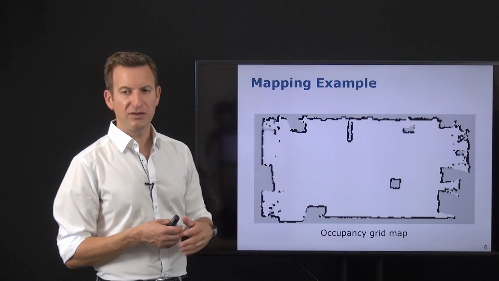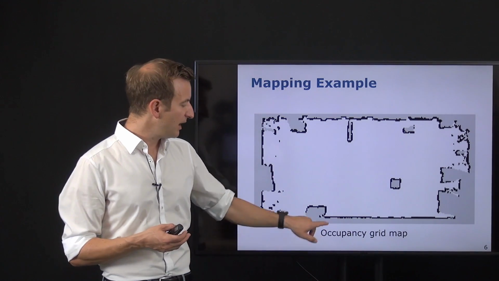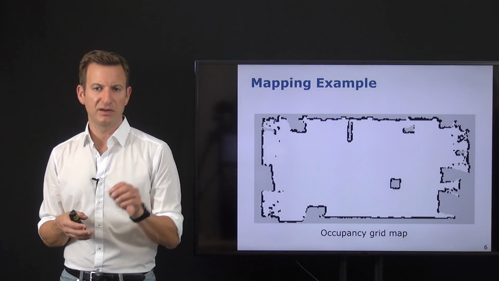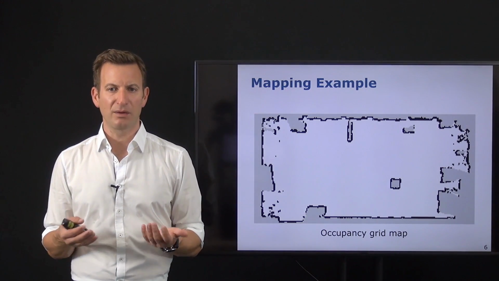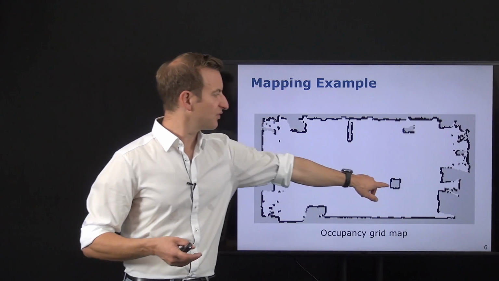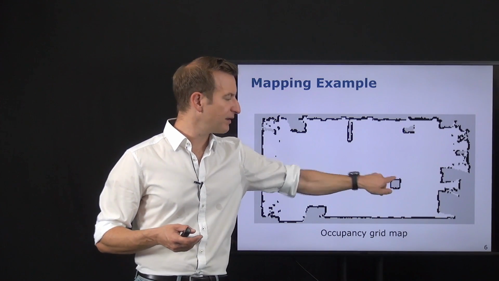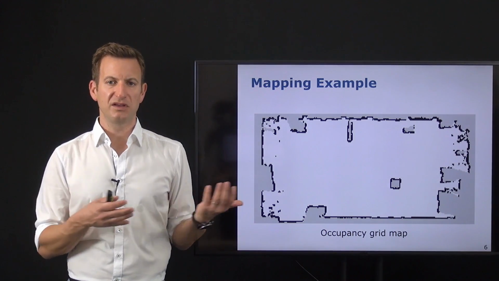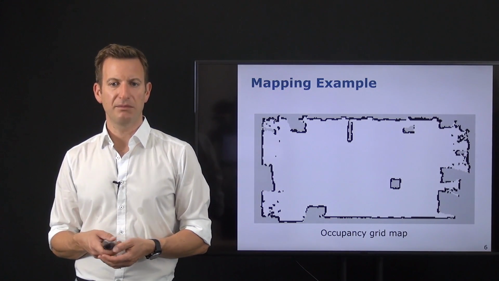We see white space in the middle, which represents the free space, and those black pixels represent occupied space, so locations in the environment where there was an obstacle. For example, here was a box standing in the environment, so you see the outline of that box represented in this map. This is an example of a simple occupancy grid map.